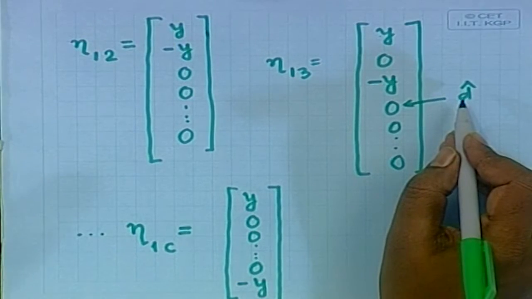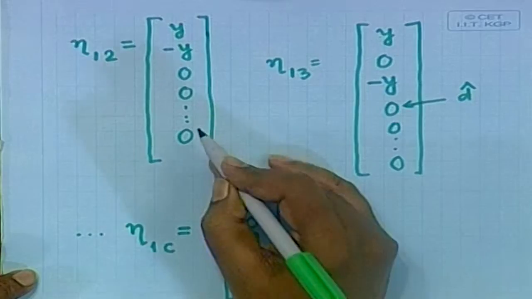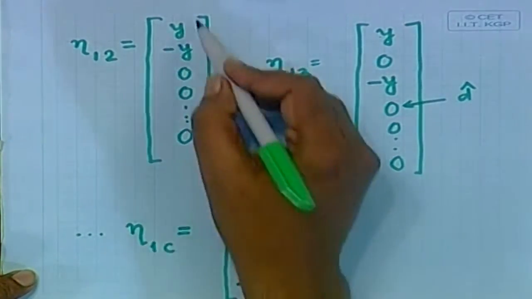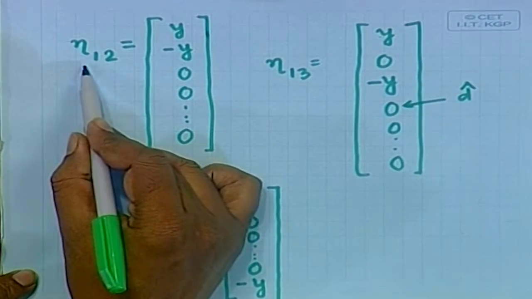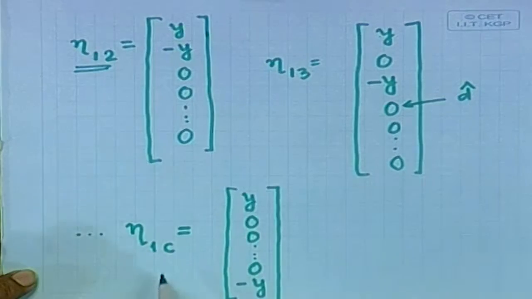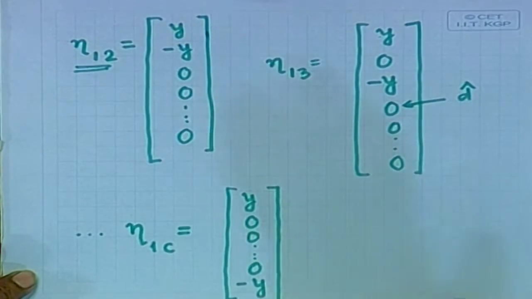As there are c such vectors, every vector having a dimensionality of d hat, the overall dimension of these vectors eta 1 2, eta 1 3 up to eta 1 c, each of them is c into d hat. Is that okay?